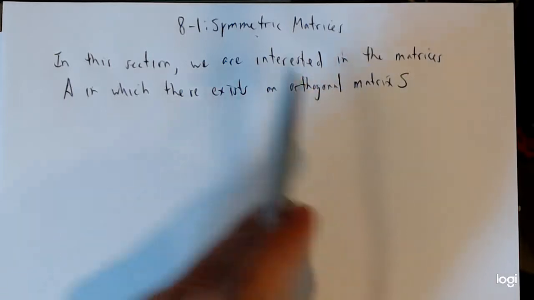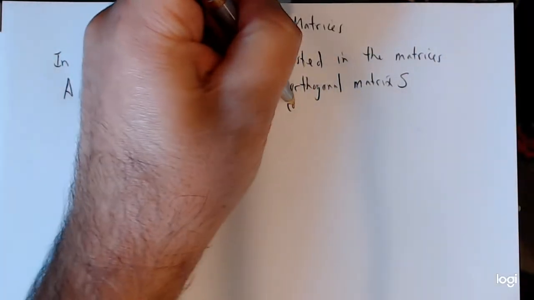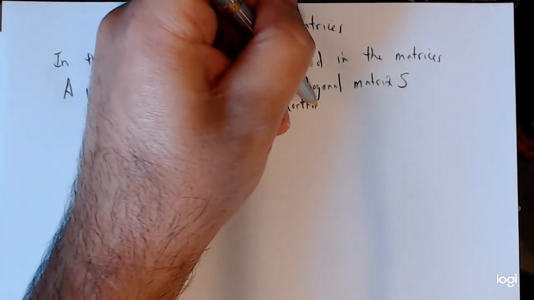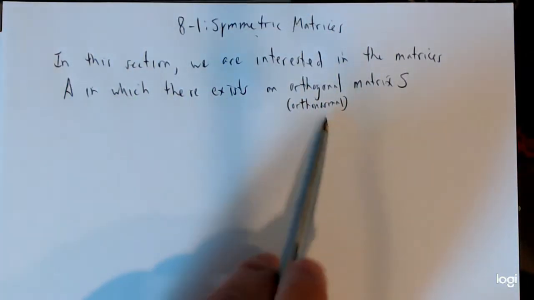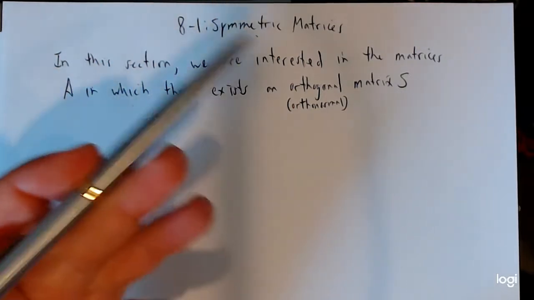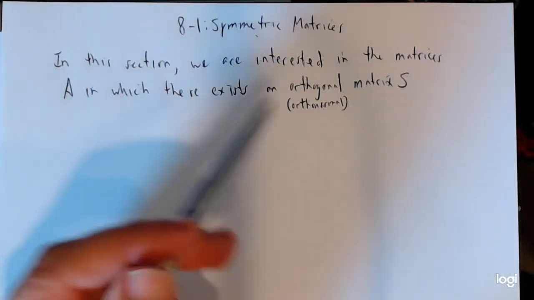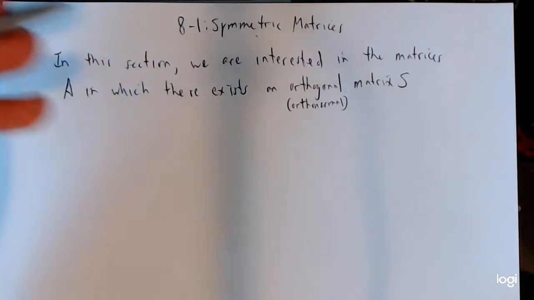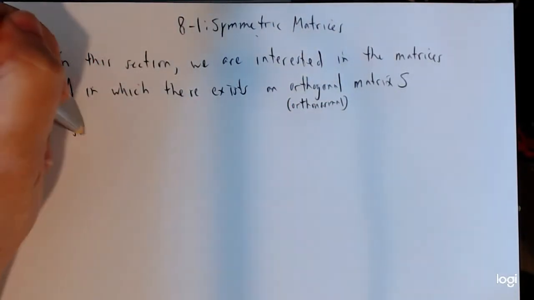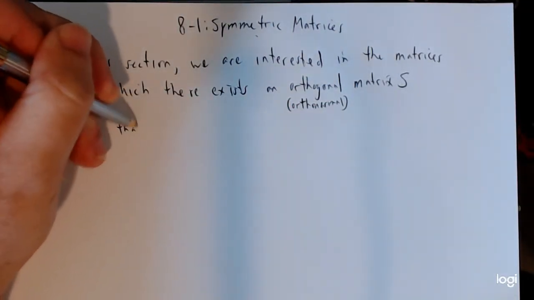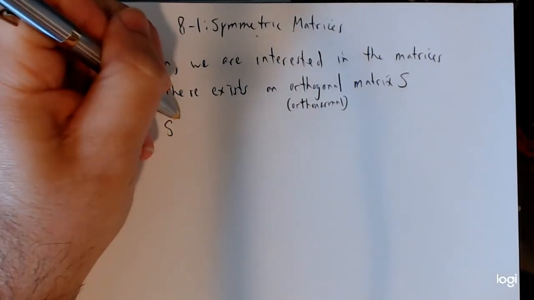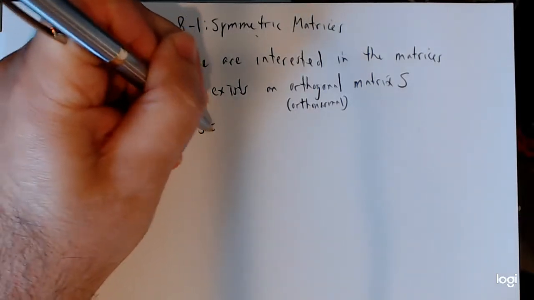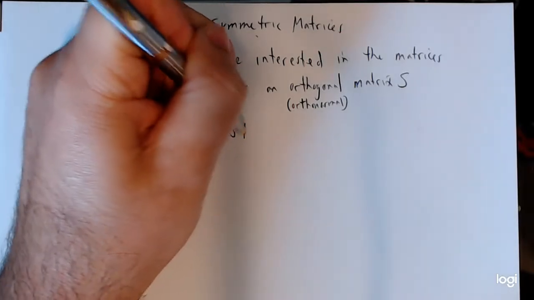Maybe in parentheses I should say orthogonal or orthonormal, right? Because we know orthonormal matrices have nice results, also because the vectors are unit vectors, so we get some nice results out of that as well. So matrix S such that S inverse AS equals S transpose AS.